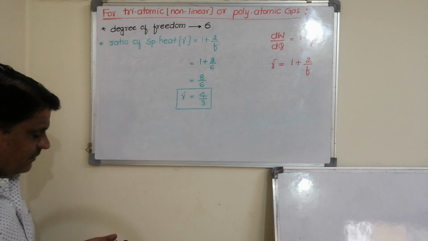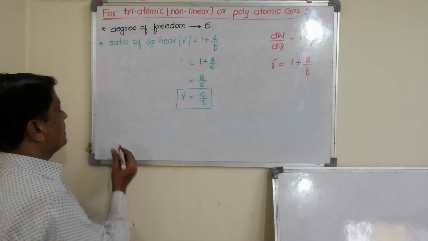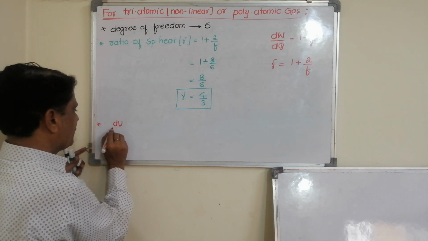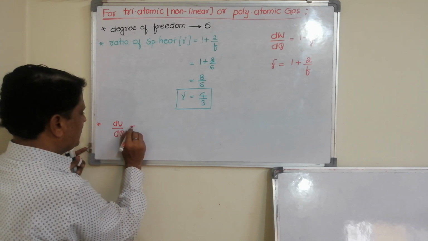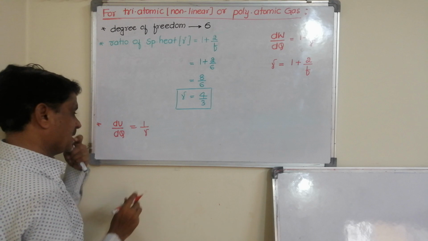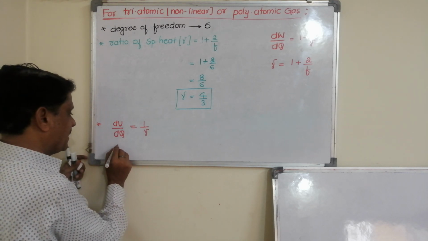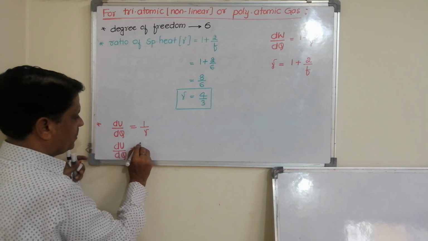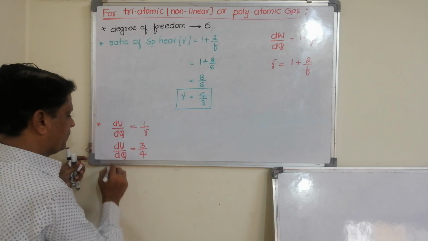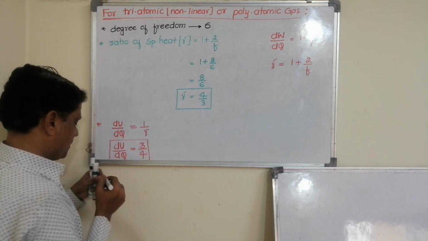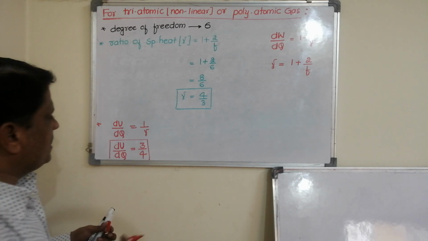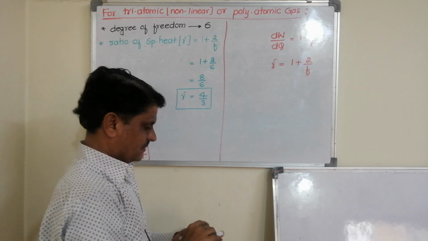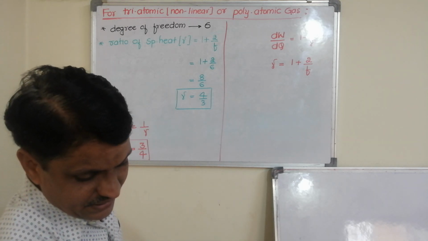Next, fraction of energy used to increase the internal energy, that is dU by dQ. That is nothing but 1 by gamma, means reciprocal of this. Hence I can say dU by dQ is equal to 3 by 4. After this, next is dW by dQ.